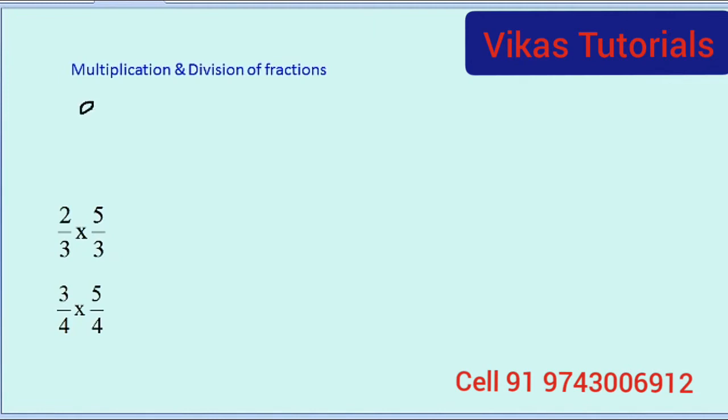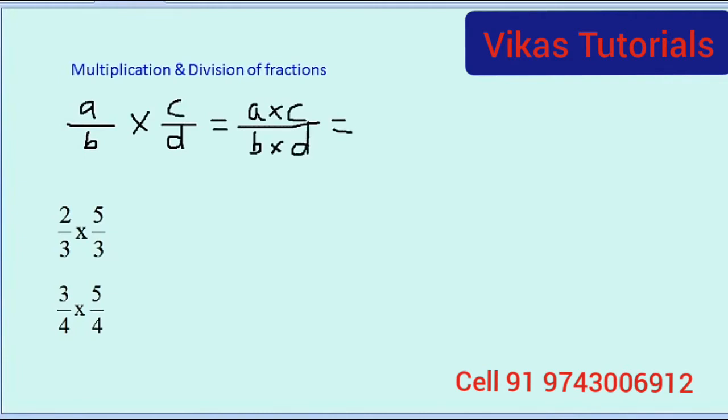If a number is a by b into c by d, then what we have to do is multiply the numerators, a into c, and then multiply the denominators, b into d.